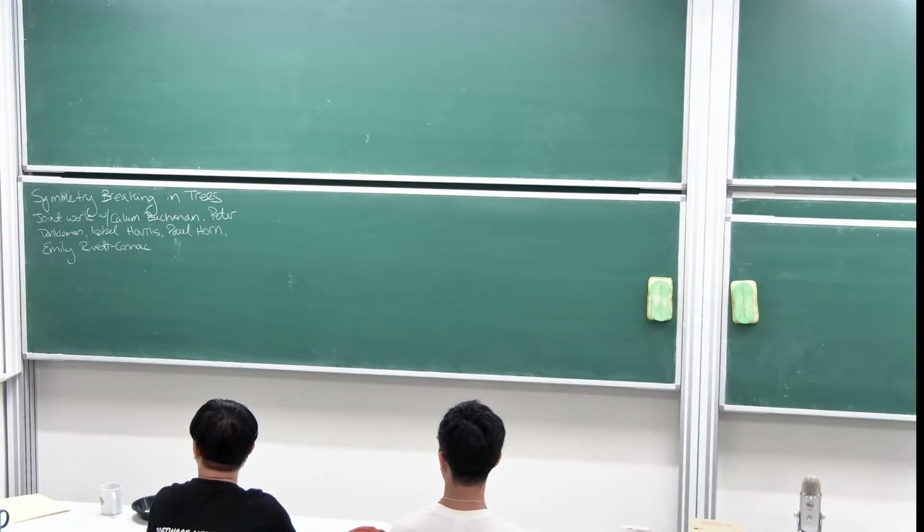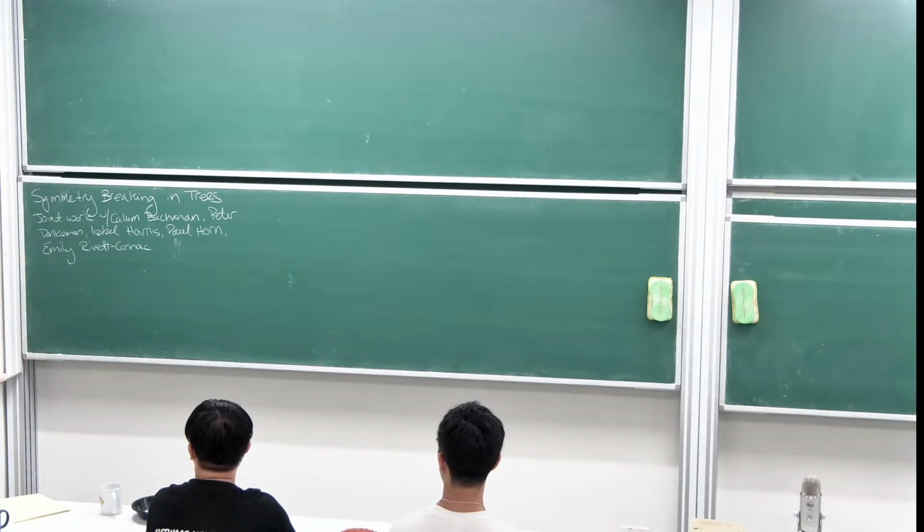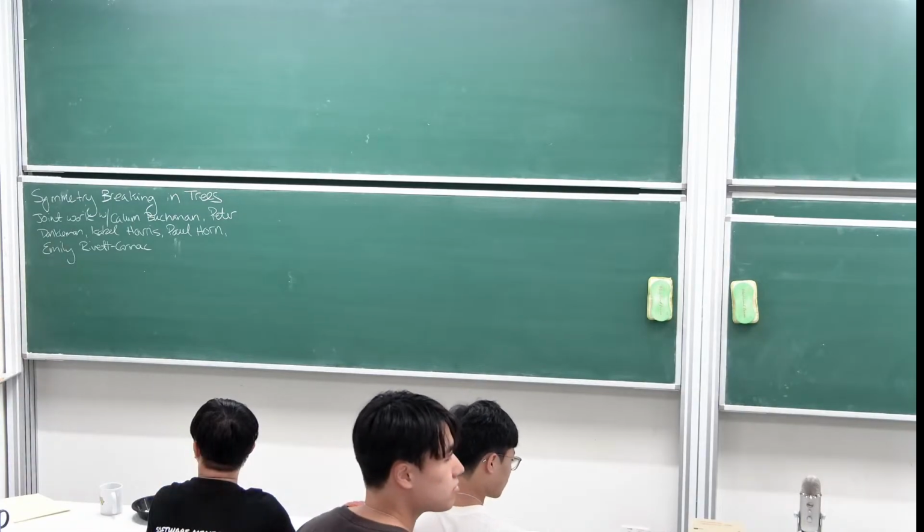Okay, so like Sanyal said, I'll be speaking about symmetry breaking in trees. This is joint work with Calum Buchanan, Peter Dankelmann, Isabel Harris, Paul Horn, and Emily Rivett-Carnac. It was started at a research workshop hosted by the Masamu Advanced Study Institute in Pretoria, South Africa, this year, the year that this project is from.